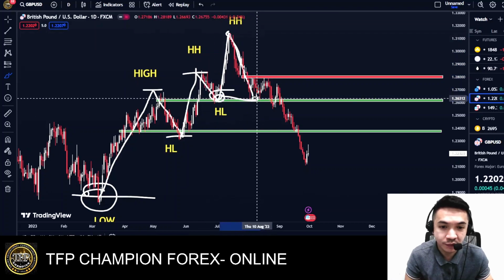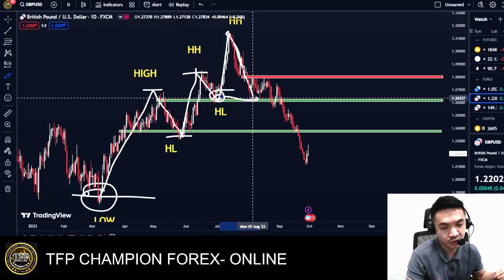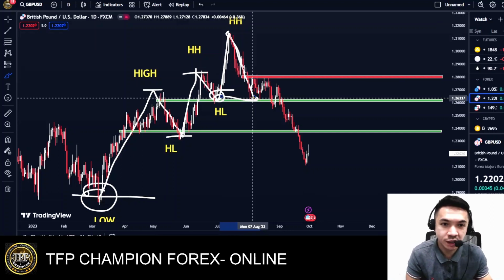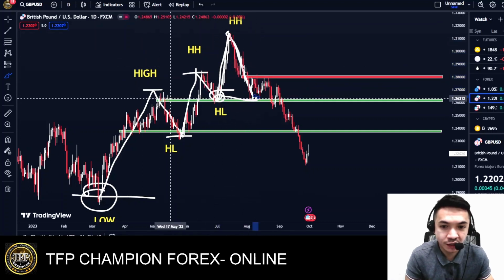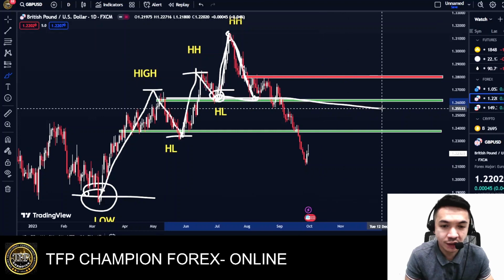So at this point, we are not saying the trend is continuously going up. Na-retain yung level na to sa dating higher low, meaning this area is a support level.